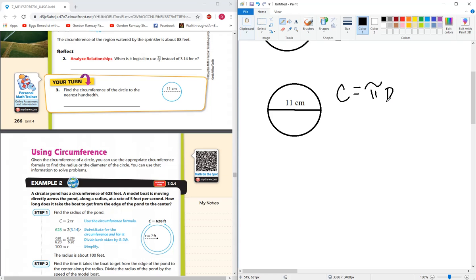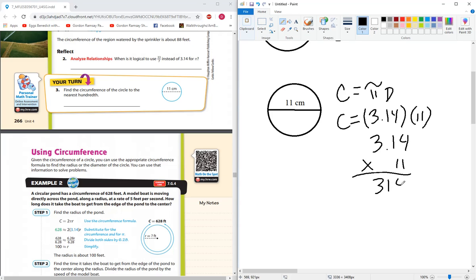Now we're just going to plug in what we know. We can use 3.14 for pi, and diameter will equal 11. From here, it's just multiplication. 3.14 multiplied by 11 is equal to 314, put the 0, 413.